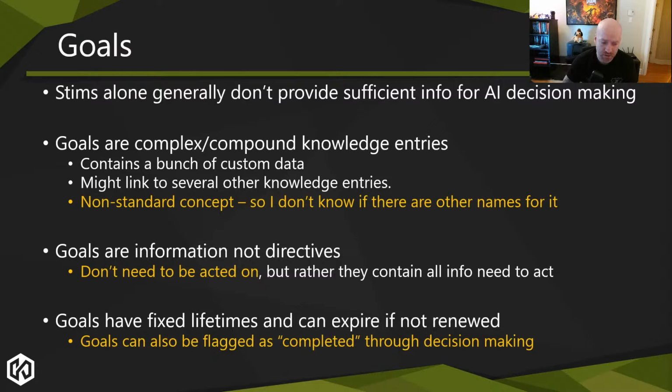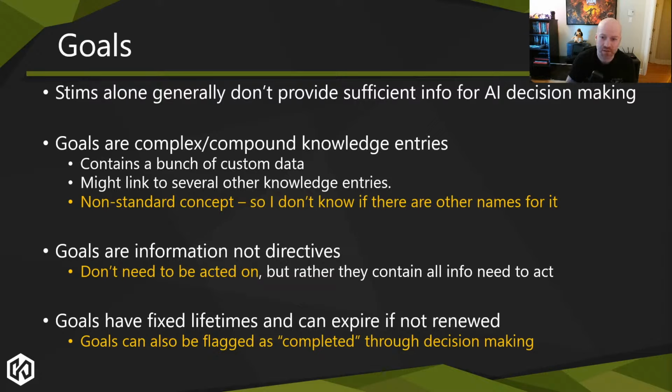Basically, what a goal is saying is, here's some information about a specific thing you can do. It doesn't need to be acted on. It's not a directive. It's not saying you need to do this goal. In terms of a planner, when you have a goal, that's the thing you're trying to solve for. This is not what it is. It's basically saying I have a combat goal. So in my combat goal, I have every single enemy I can see listed in there, plus maybe every combat interactable.